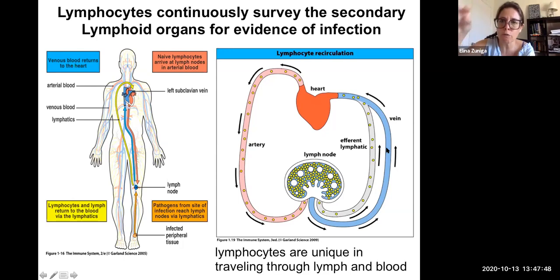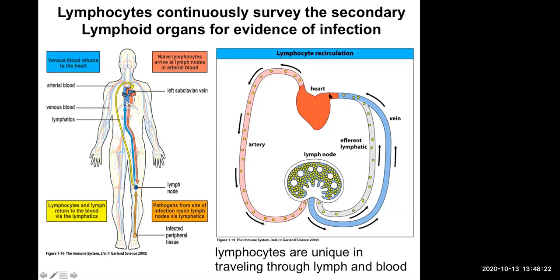And so we'll be searching for their specific antigen in all the lymph nodes in our body. And if it doesn't encounter any antigen, we'll continue searching in the next lymph node and next lymph node until the lymph will collect these lymphocytes via the efferent lymph that exits the lymph node via efferent lymphatic into the thoracic duct that ends up in the subclavian vein and gets into the blood.